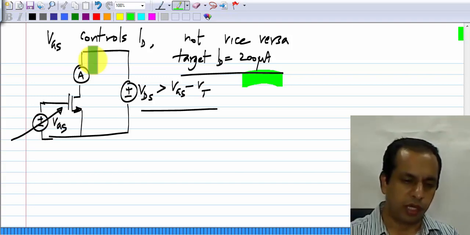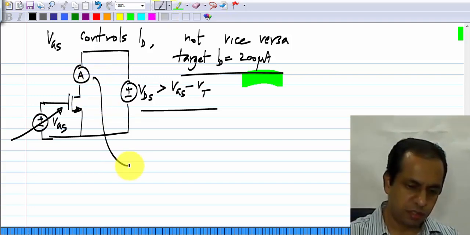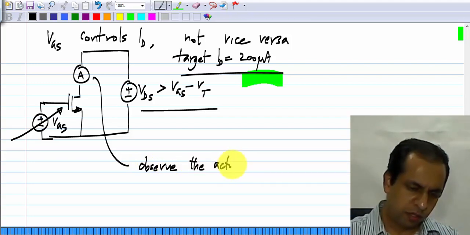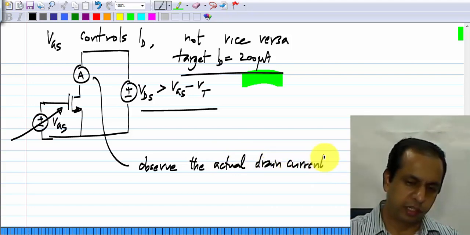Okay. So in other words, I have to observe the actual drain current.